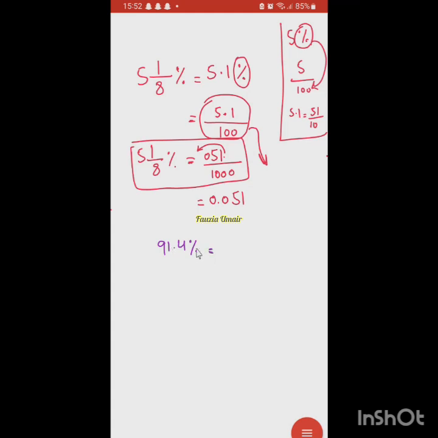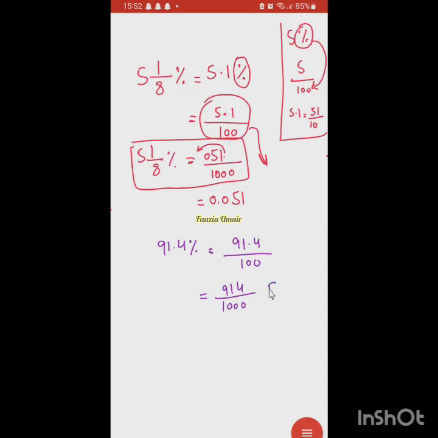If you remove this percent, what will go in the denominator? 100. So you are dividing by 100. Okay? Now if you remove this decimal, there will be one extra zero, 914 by 1000, just like in the previous question.